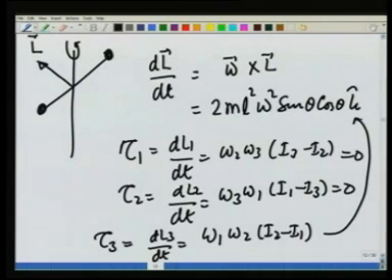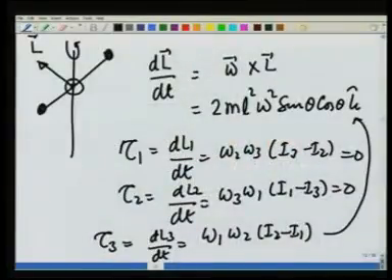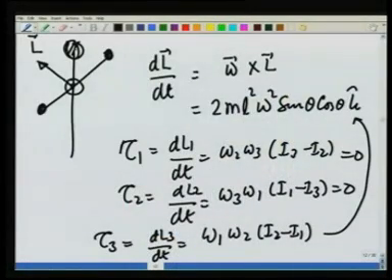So the torque is in this direction, and therefore to keep it rotating, I have to keep applying a torque. As the body rotates, the torque direction also changes, and the torque is provided by these bearings here.